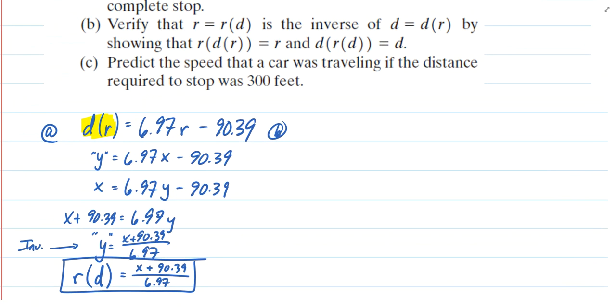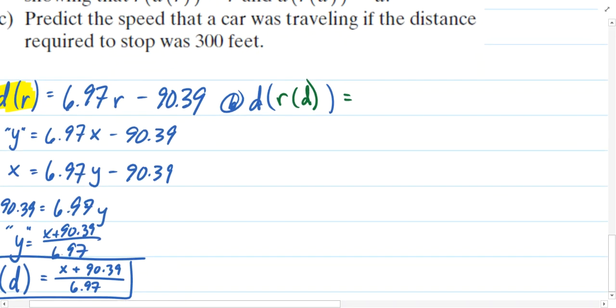Now the math wasn't too challenging, but it's still a good idea to verify that we did find inverses. So what I would like to do is compose one function with the other. And let's start with, let's say, this original function, d of r, on the outside, with r of d on the inside. When we're done, we should be left with just the variable d.